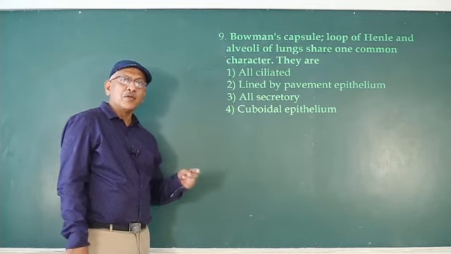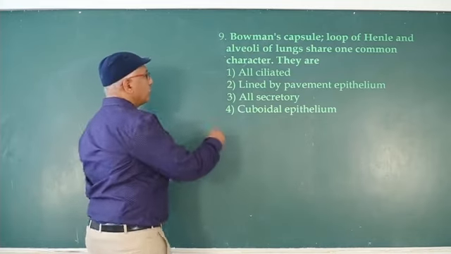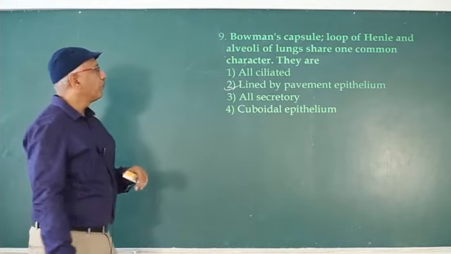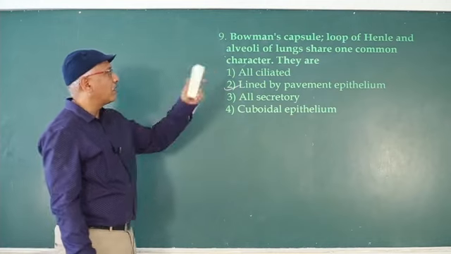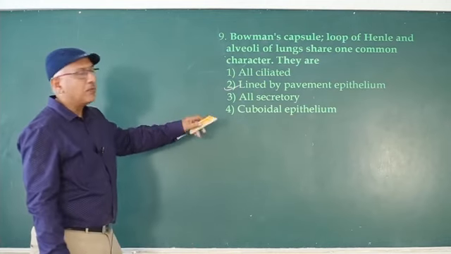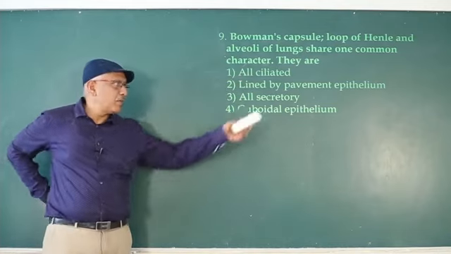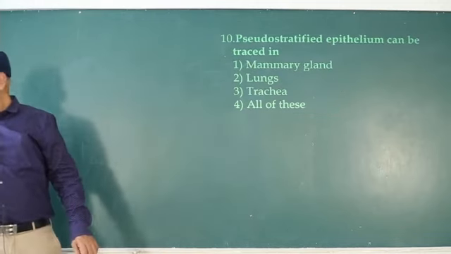That's why simple squamous epithelium is also known as pavement epithelium. All are secretory? Wrong. All are cuboidal? Wrong. All are squamous flattened cells. So the answer is lined by pavement epithelium.